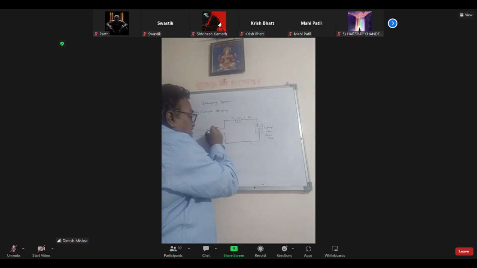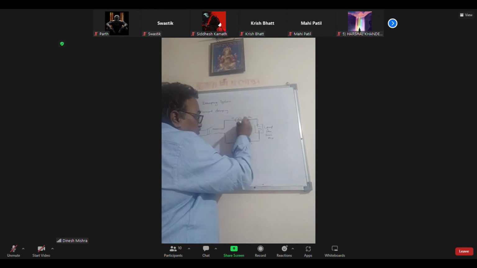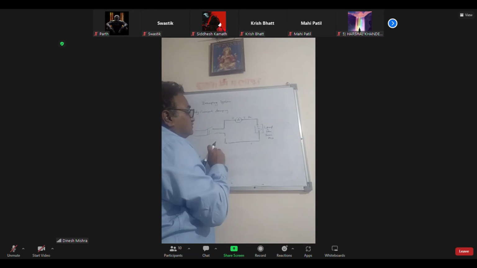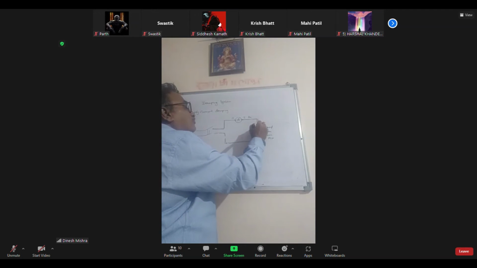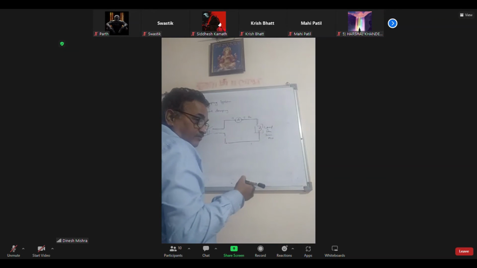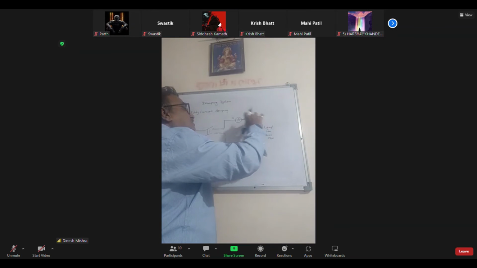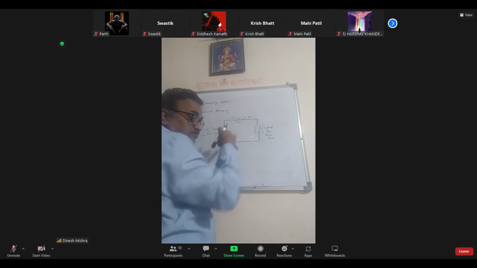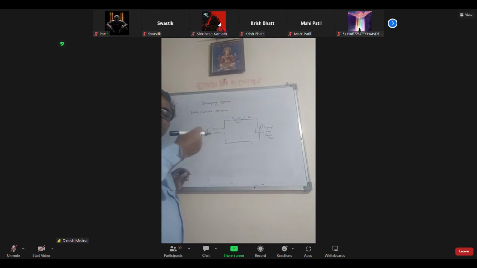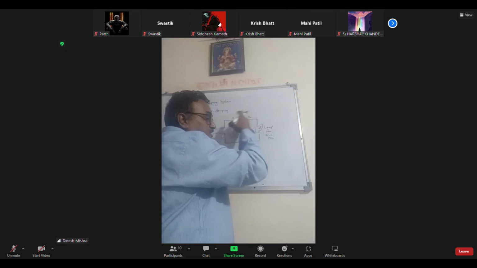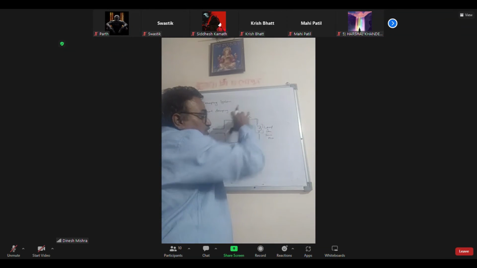If the circuit breaks here, suppose the filament of the lamp is broken, the circuit will not complete and the lamp will not glow. After the lamp blows, the meter reading will show 0. As the load increases, 200, 300, 400, 500 watt, the current goes on increasing, right? So this is the method to measure the current.